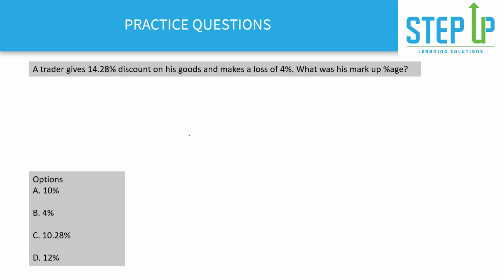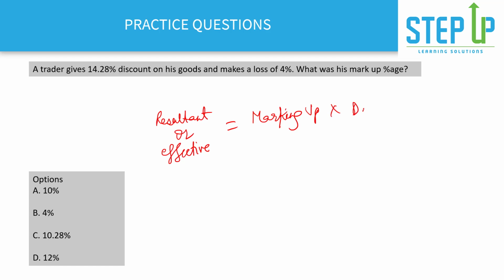Now a trader gives 14.28% discount on his goods and makes a loss of 4%. So now you see in our equation, the resultant, or the effective change, is your marking up into your discounting.